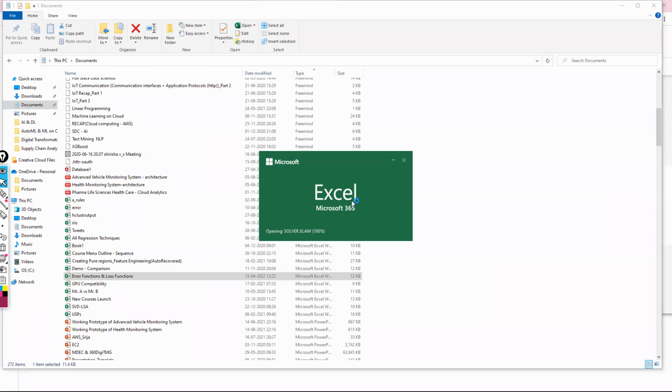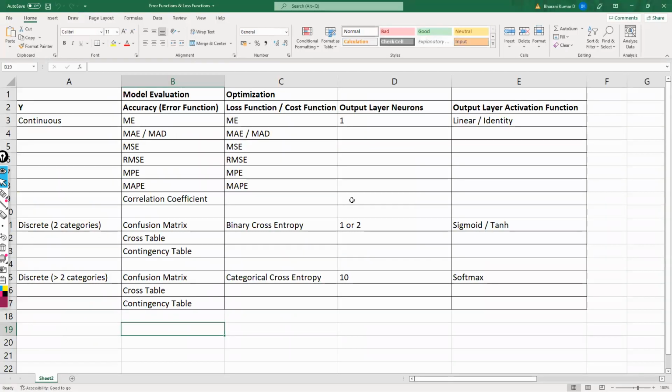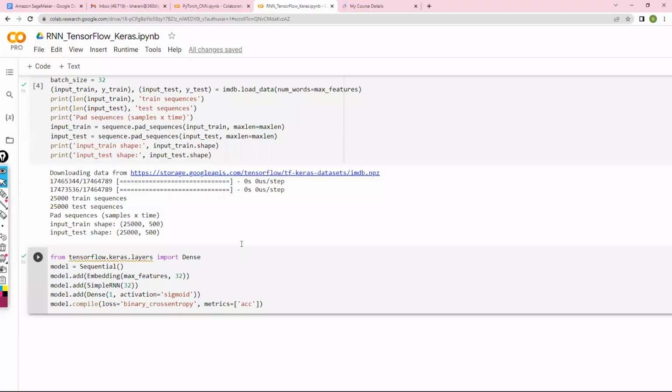If I want to take a movie review and classify whether it is positive or negative, then it's a two-class problem. If you have a two-class problem, in the output layer you have a single neuron, the activation function would be sigmoid, and the loss function would be binary cross entropy. You have binary cross entropy and accuracy.